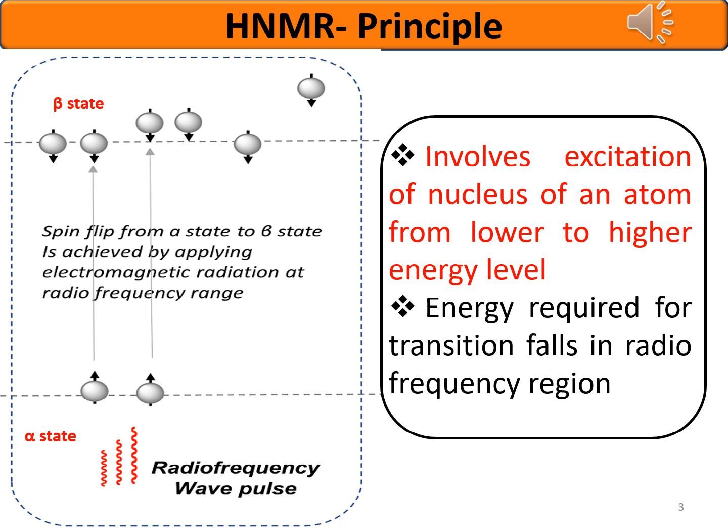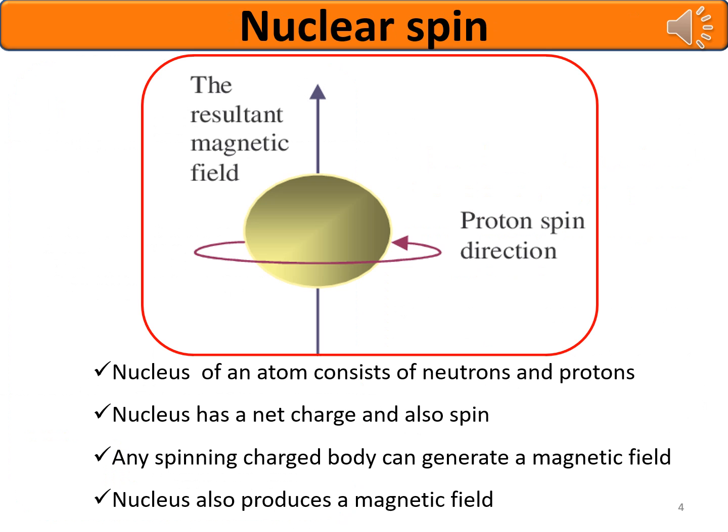Thus, we can say that when an atomic nucleus interacts with the radio frequency wave, nuclear excitation takes place along with spin flipping. So, before going to the details of HNMR spectroscopy, we should know what a nuclear spin is. The nucleus of an atom possesses neutrons as well as protons, where neutrons are neutrally charged species and protons are positively charged particles.